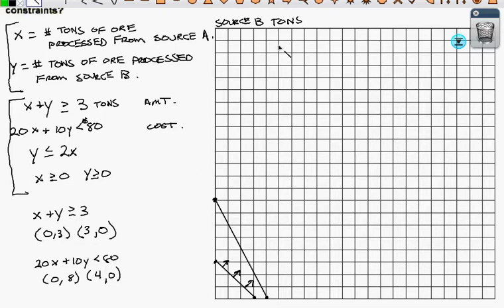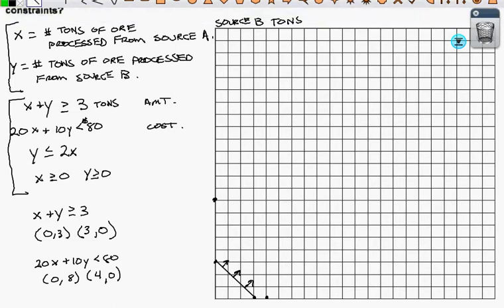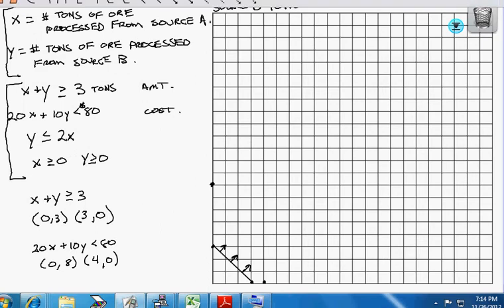Oh, except that this line is incorrect because this is a dotted line.